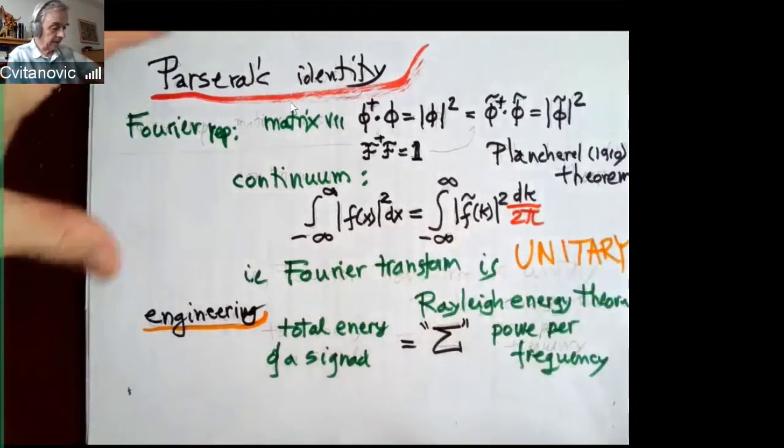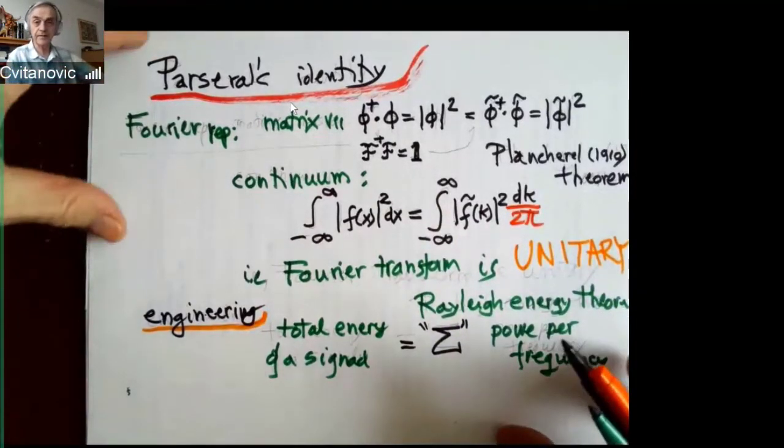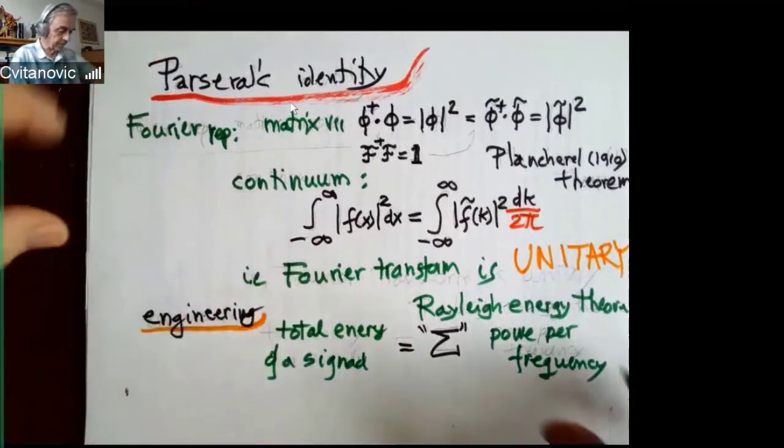So that's the simplest consequence of the unitarity of Fourier transformations.